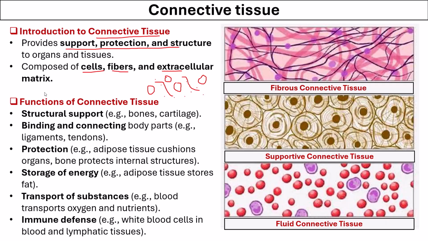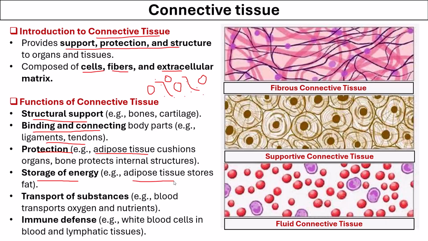The main functions of connective tissue are that they provide structural support. For example, bones and cartilage are connective tissue. They bind several parts of your body together. For example, tendons and ligaments are also connective tissue. They provide protection. For example, adipose tissue, which is the fat tissue in your body, provides cushion to the internal organs. They store energy.